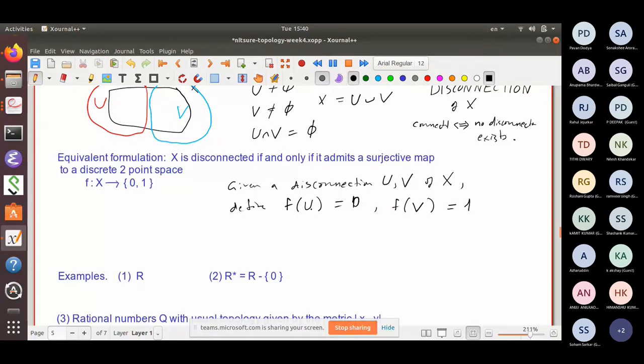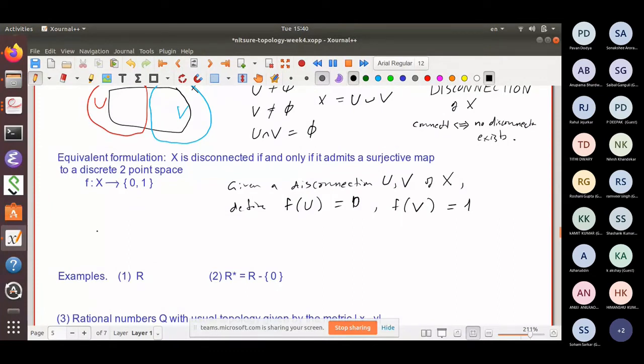This is non-empty, so I am sending all those points to 0. The image of this is 0. And so that's a surjection. Why is it continuous? Because inverse image of 0 is U, which is open. Inverse image of 1 is V, which is open. And 0 and 1 are both open here, because this is discrete topology.